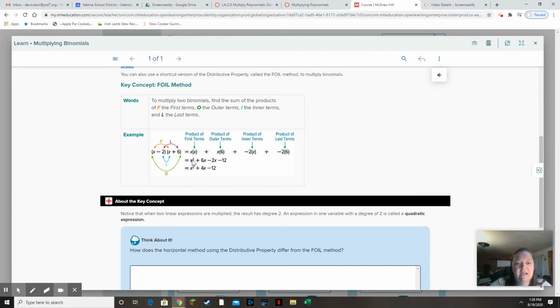X times x is x squared, x times 6 is 6x, negative 2 times x is negative 2x, negative 2 times 6 is negative 12. Combine the like terms in the middle, x squared plus 4x minus 12. If you're not familiar with the FOIL method, please make sure that you get that written down now. Go ahead and pause the video if you need to so you can get it copied down.